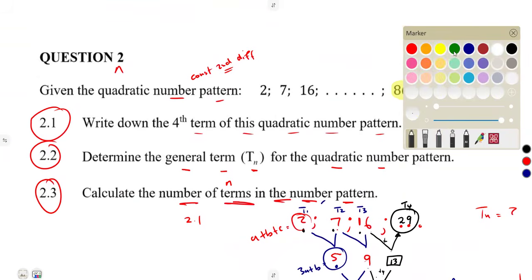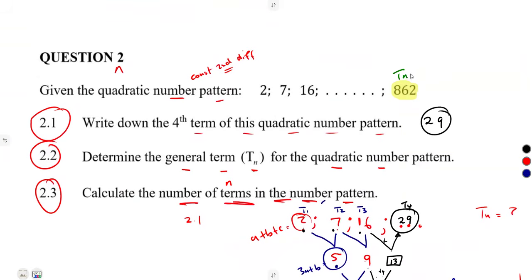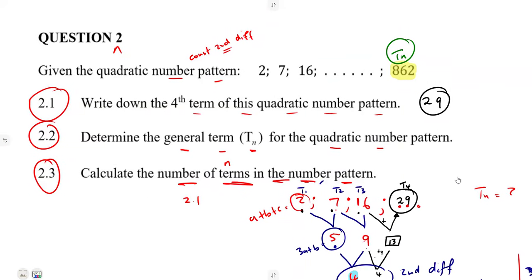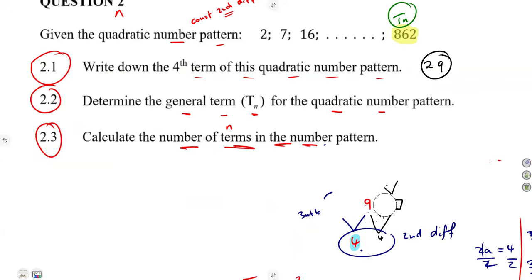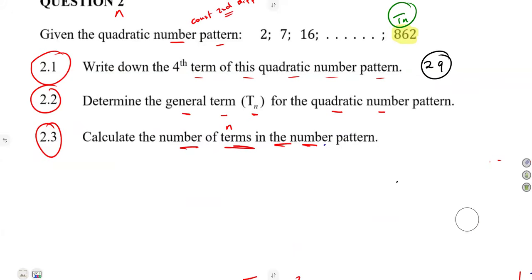That's our last term. So that equals your Tn. The question is simply, from that quadratic, find the value of n, the number of terms, if your Tn is equal to 862.